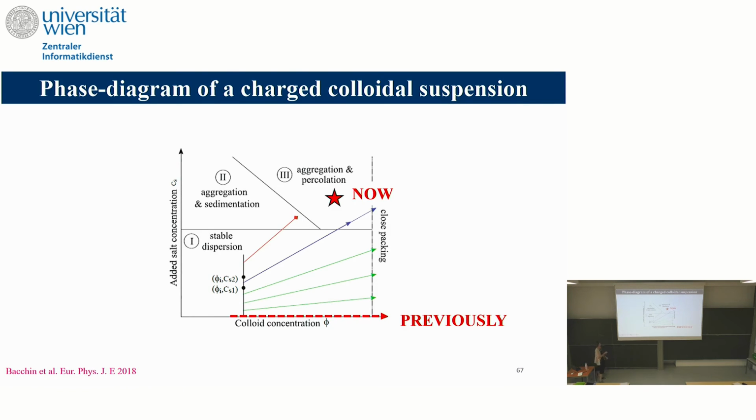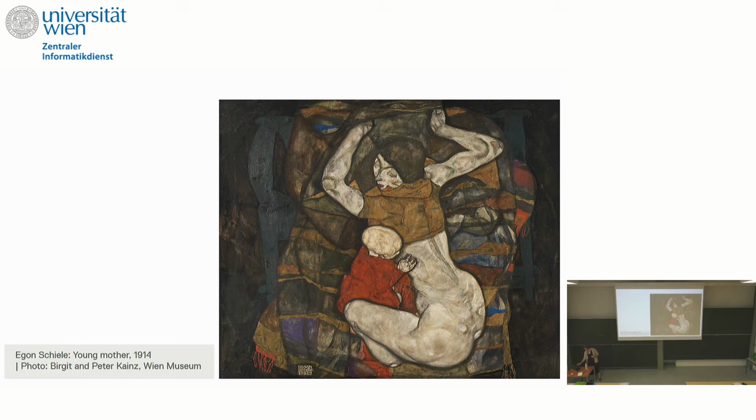So we have seen this, and now we are here, very far from all the problems we could have with this change of concentration of salt. We have a gel. If you have a chance to go to one of the museums in Vienna, you can see this painting by Egon Schiele.